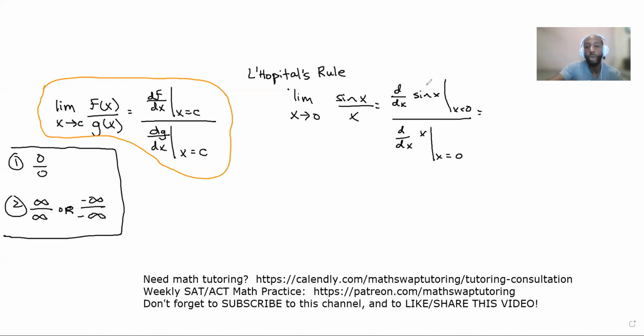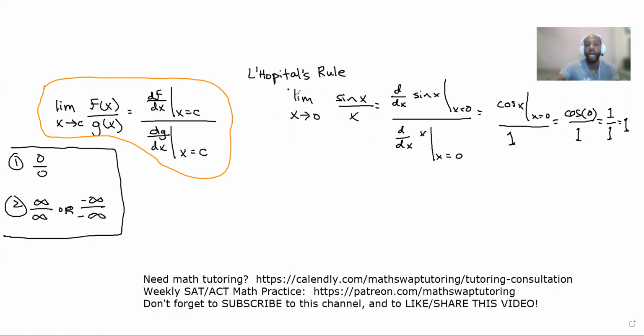What's the derivative of sine of x? The derivative of sine is cosine, so we have cosine of x at x equals 0. The derivative of x is just 1, so there is no x there. So the question is, what is the cosine of 0? If you remember your unit circle, the cosine of 0 is 1. So that's going to be 1 over 1, or just 1.